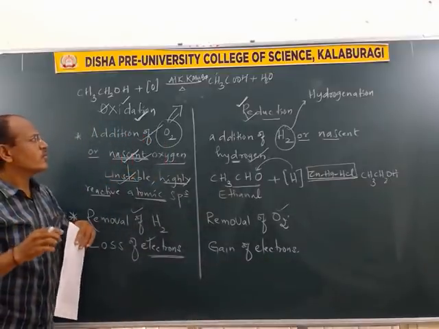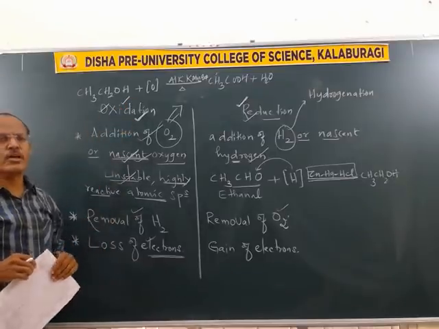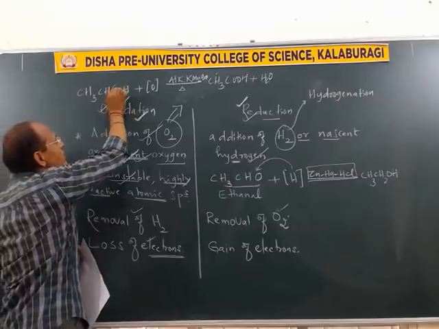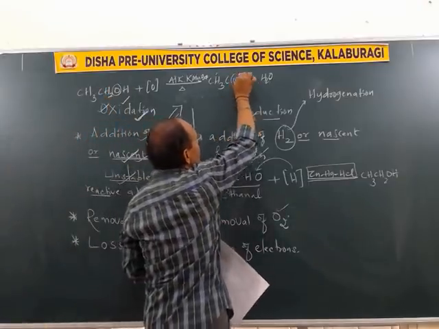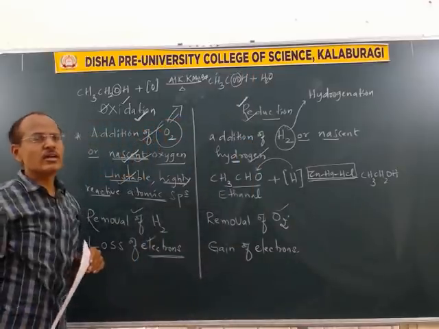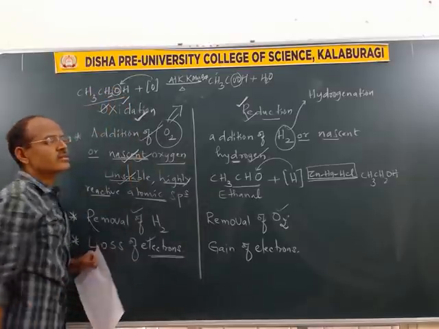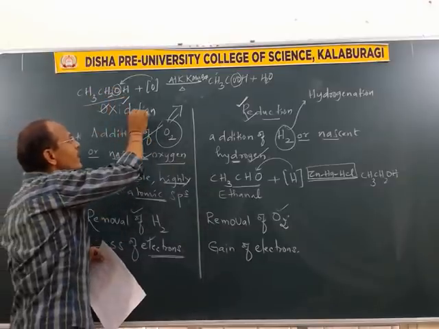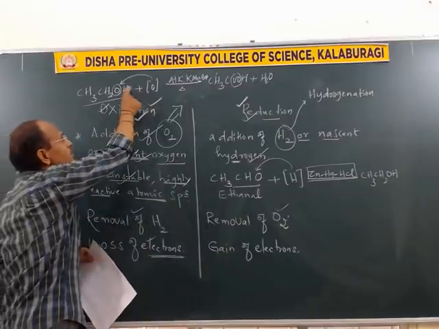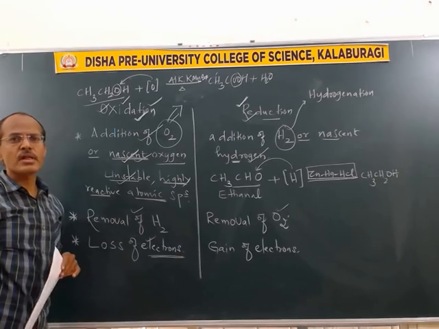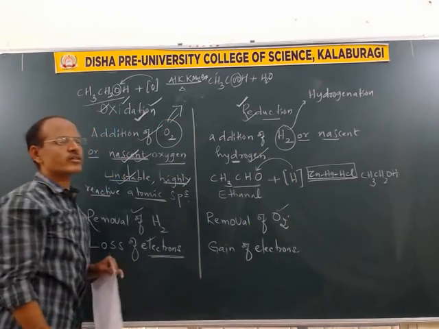Here we are targeting the definitions. Here only one oxygen is there, but after the reaction you get two oxygen atoms. That means we are indirectly adding oxygen. That kind of reaction we call oxidation, because oxygen is added. So that is oxidation and the earlier one is reduction.